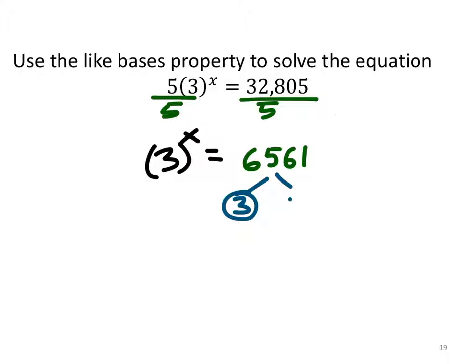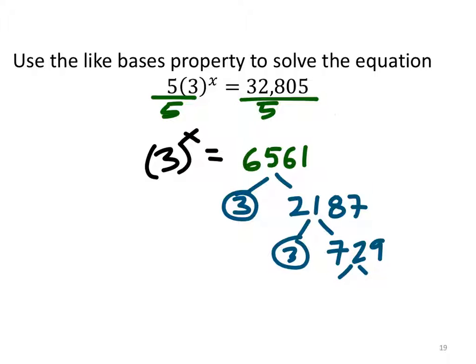Which would be 2187, looks like. And this is divisible by 3 because 2 plus 1 plus 8 plus 7 is 18, which is divisible by 3. So we'll divide it by 3 again, which would be 729, which is also divisible by 3, by 243, which is still divisible by 3.